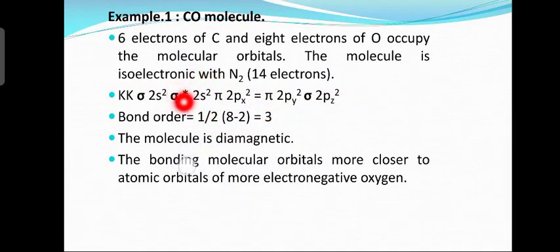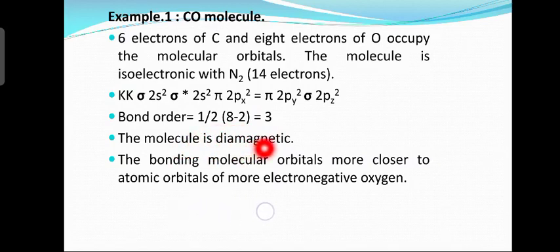Antibonding is sigma star, therefore 2 electrons. So half of 8 minus 2, which is 6, divided by 2, is 3. That means between carbon and oxygen in the carbon monoxide molecule there is a triple bond.